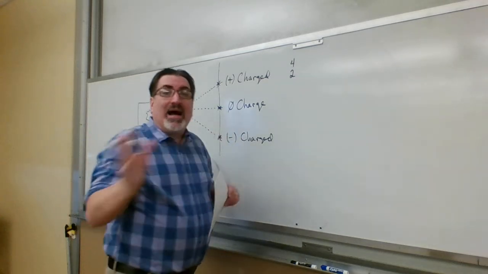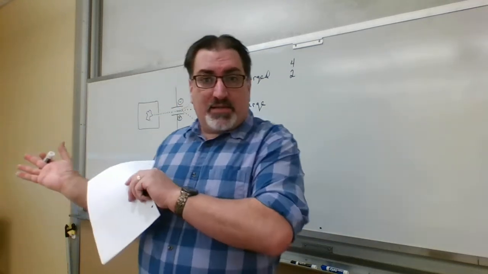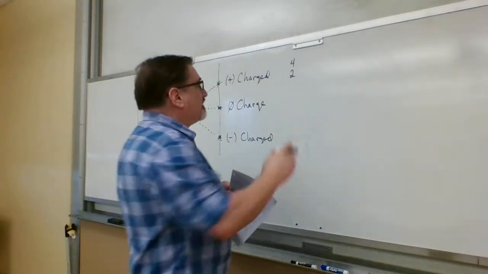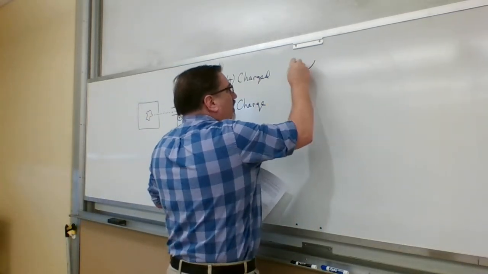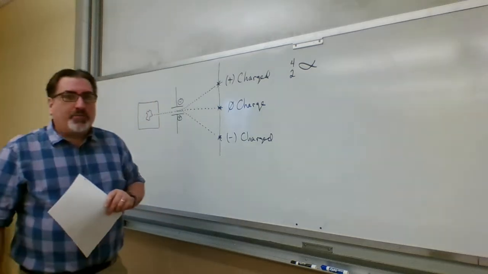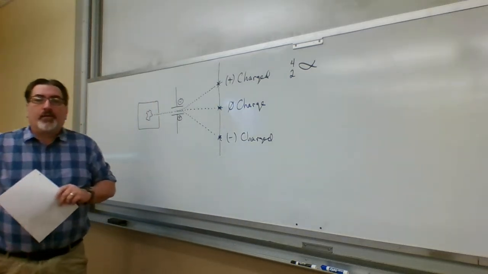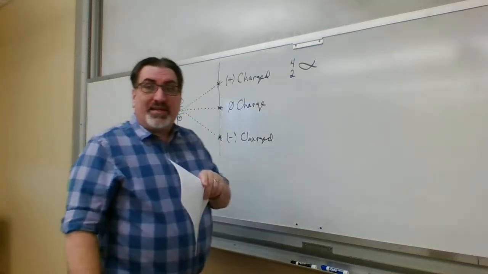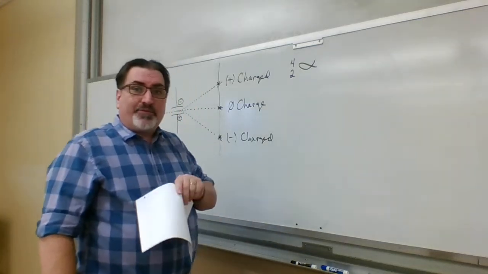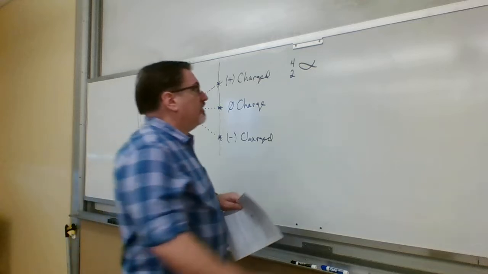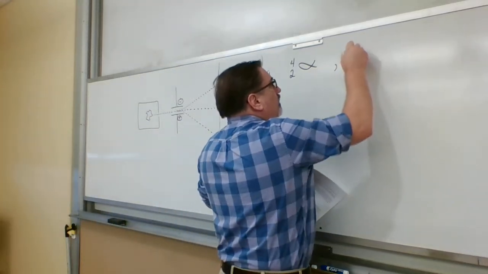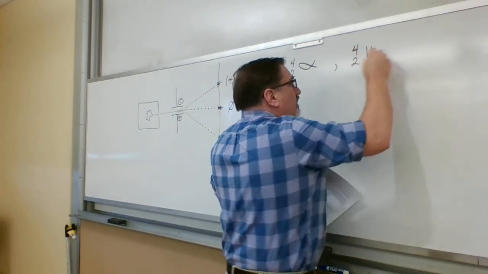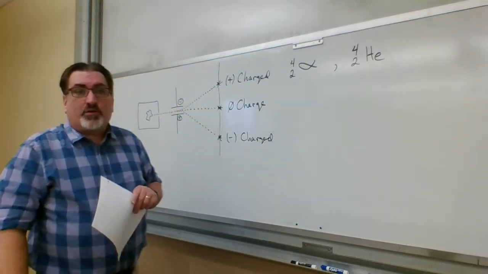So now we're writing isotopic symbols from way back last semester, right? A mass of 4 and a charge of 2, and they called that an alpha particle. Well, if you think about it, things that have a mass of 4 and a charge of 2, those are helium nuclei. So you will see alpha particles written as 4/2 helium.